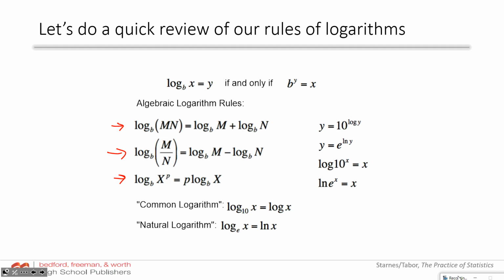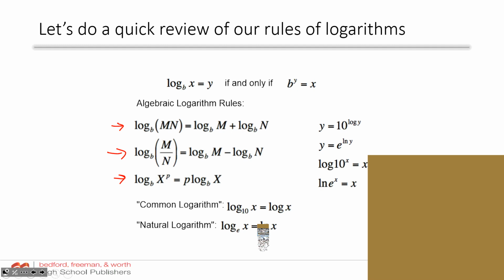We know a common logarithm is when we have log base 10. So if we just have log of x, that really implies that the base is 10. Natural logarithm, when the base is e, we call that ln or natural logarithm. All right, so hopefully these rules look familiar. Again, not to intimidate you, and this isn't an Algebra 2 class, but it's just to help you better understand what we're doing today.